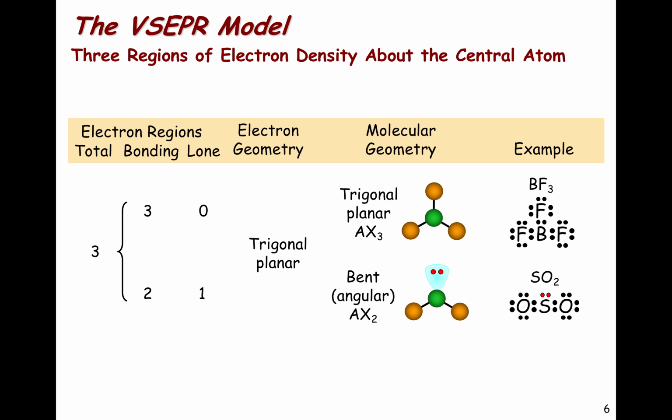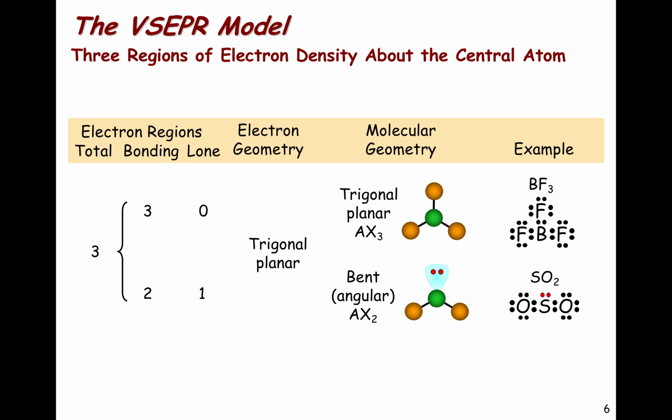So this brings us to the point where we can summarize the possibilities for a structure that has 3 electron regions around the central atom. The first example is when all 3 of the positions are bonding between the central atom and the terminal atoms, as in BF3. This produces a molecular structure that we describe as trigonal planar, and of course the angle is 120 degrees.